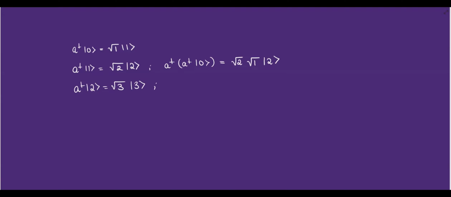That means if I act A dagger on A dagger A dagger 0, I get root of 3 into root of 2 into root of 1 into 3. Now you see this pattern that is occurring here.